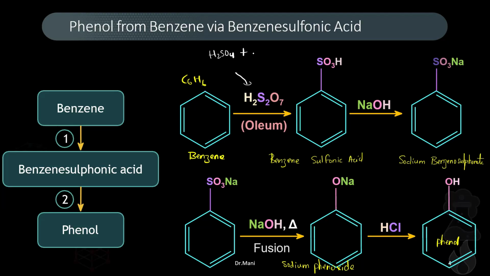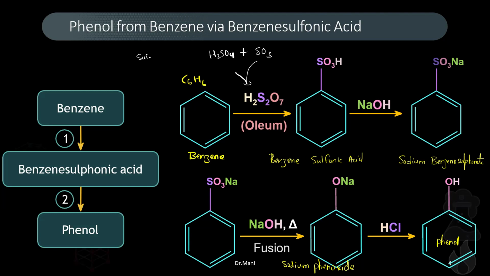You treat this sulfuric acid with the sulfur trioxide, or you can say SO3, which is sulfur trioxide. So finally, you will be getting the S2O7. You can see here, there are two S, so S2. O4 plus O3, O7. So the mixture of the sulfuric acid and sulfur trioxide will form the oleum.